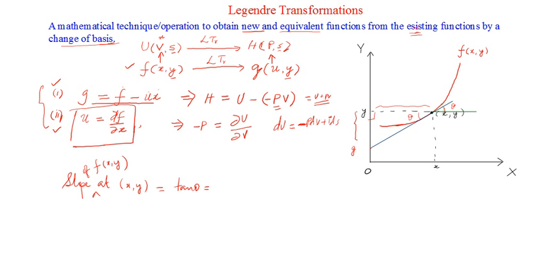Let me define it as u. So tan theta equals u. I'm calling this slope u. And u will be equal to dy by dx.